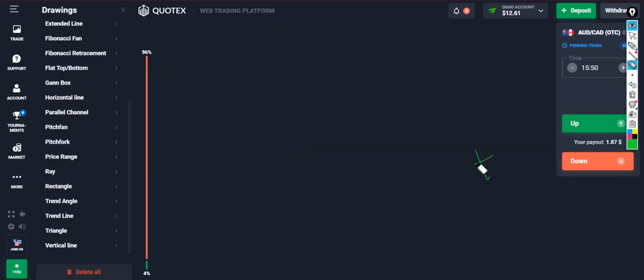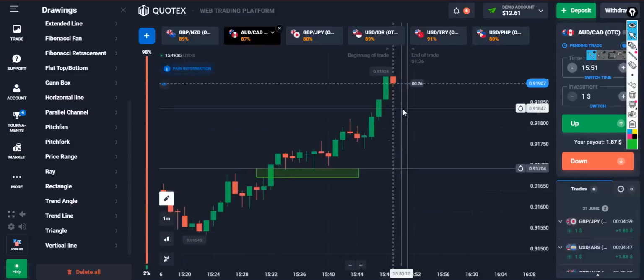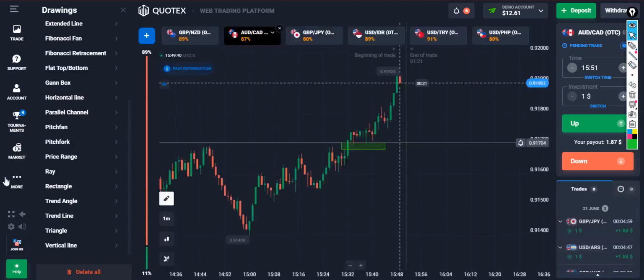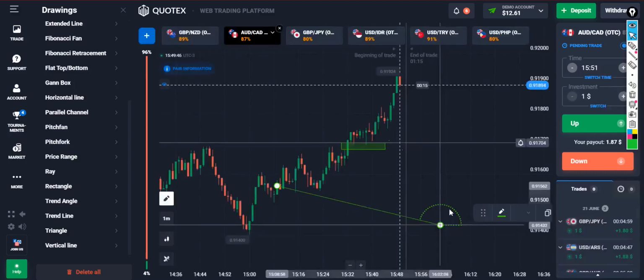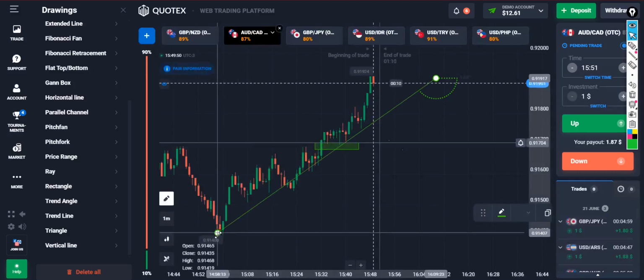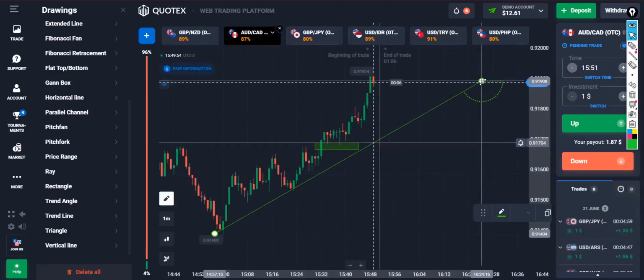And you also need to learn about trend, right? For example, if you are not sure what the trend of the market is, if it is up or down, all you can do is take this trend angle and put it right here from the lowest low to here.